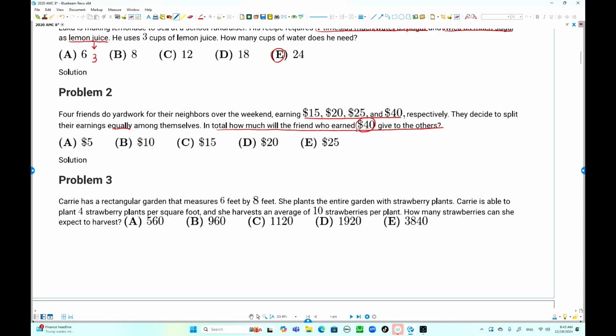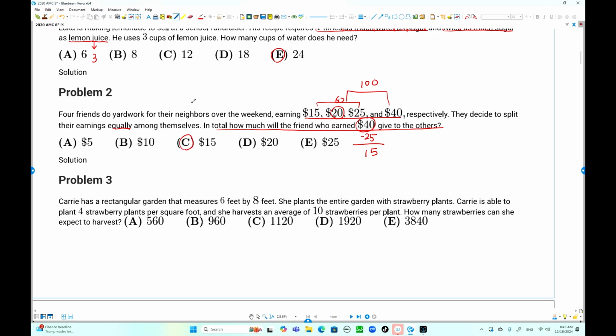So equally divided is the average. So this is a 40, another 20, 60, and 40, total is 100 divided by 4 is $25. So this $40 must be given to the others $15.